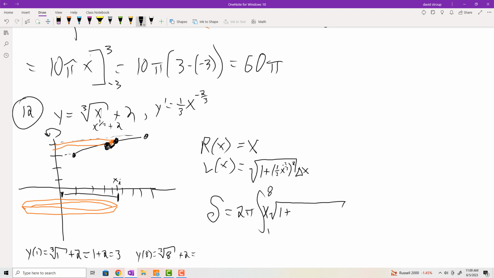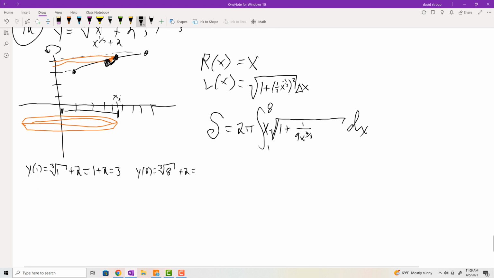So it should be 1/9 x to the negative 4/3, but I'm going to rewrite it as 1 all over 9 x to the positive 4/3 dx, and then we're going to find a common denominator, split up the square root, all that jazz.